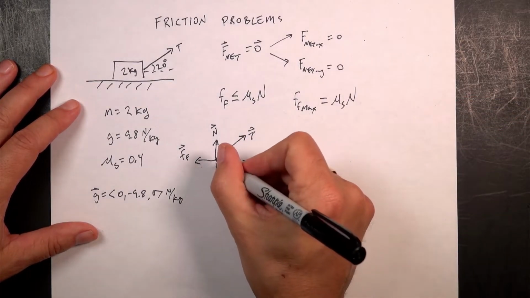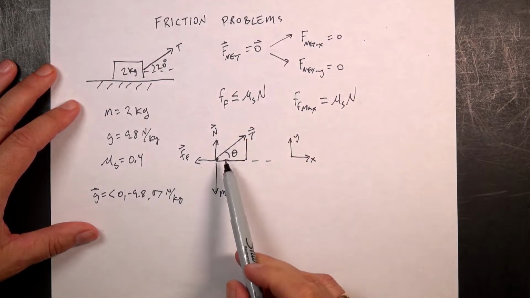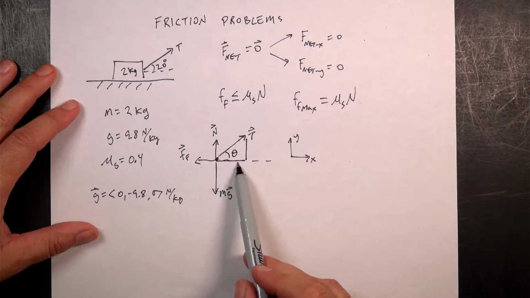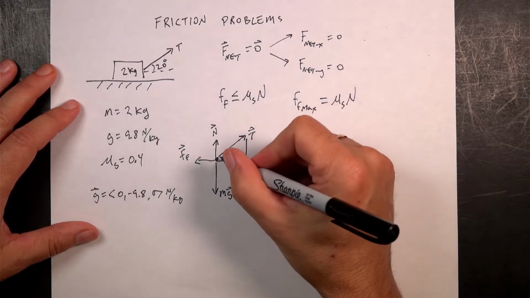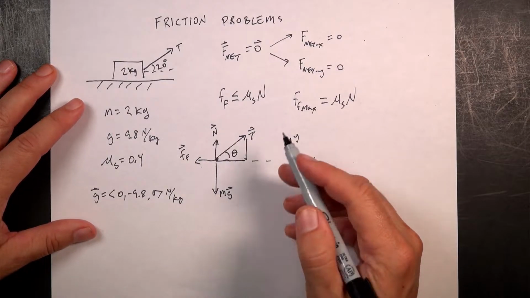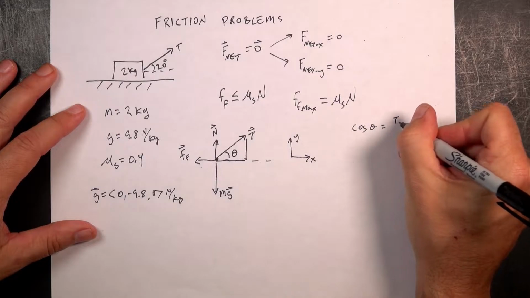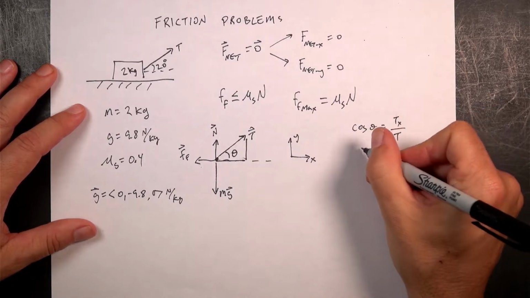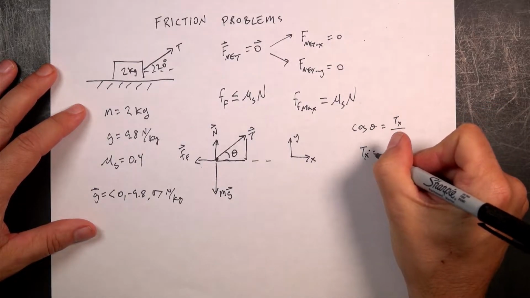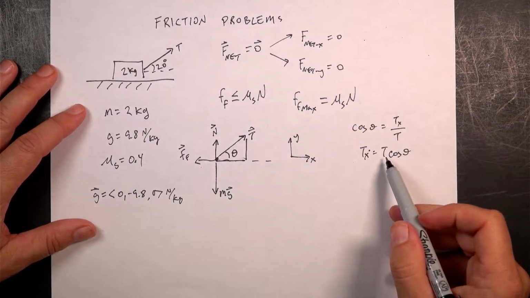So if I draw a little triangle right here, this side is the x component of the tension. And you'll notice that if this is the total tension, this would be the adjacent side. So if I say cosine of theta is adjacent, I'll call that Tx over T. Then Tx is going to be T cosine theta, where T is the magnitude of that tension.